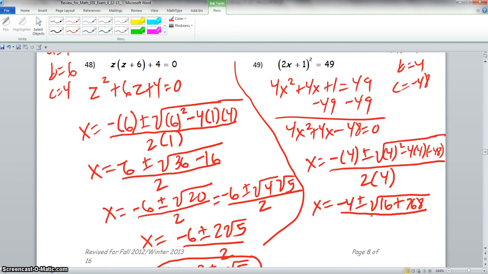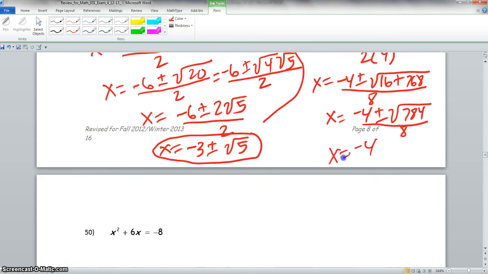And this is all over 2 times 4, which is 8. So we will have x is equal to negative 4 plus or minus the square root of 784, all divided by 8. Now the square root of 784 is 28 all over 8.